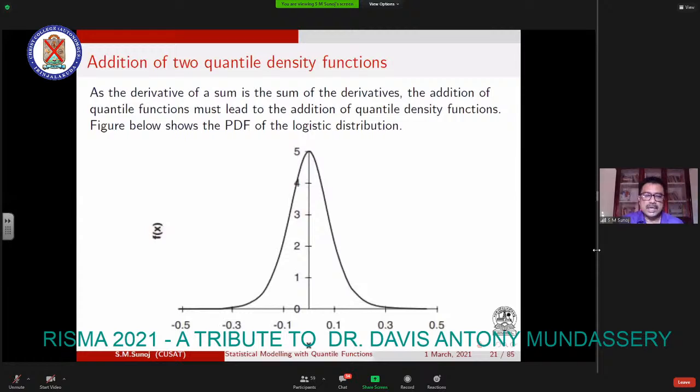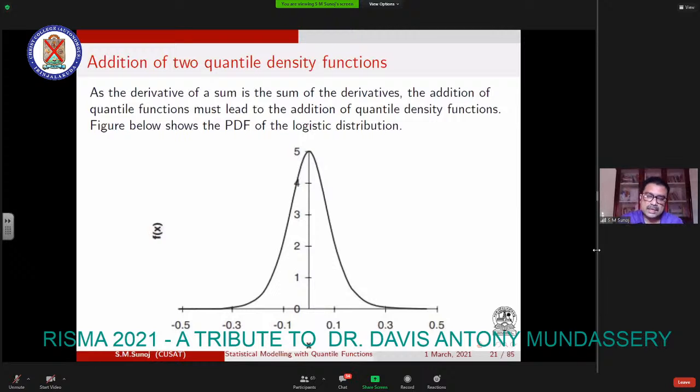When you draw the actual probability density plot corresponding to these two quantile models, we obtain this particular curve, which is the probability density function of the logistic distribution. The logistic distribution ranges from minus infinity to plus infinity, and it has thicker tails than the normal curve. As the derivative of a sum is the sum of the derivatives, the addition of two quantile functions must lead to the addition of quantile density functions. This was another property I mentioned: adding two quantile density functions yields another quantile density function. This particular figure is an example of that.